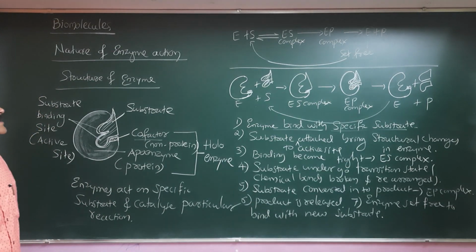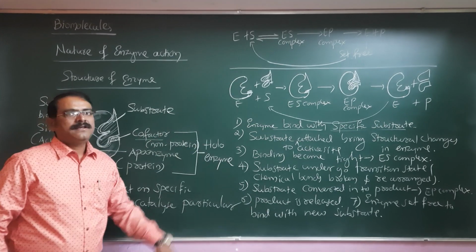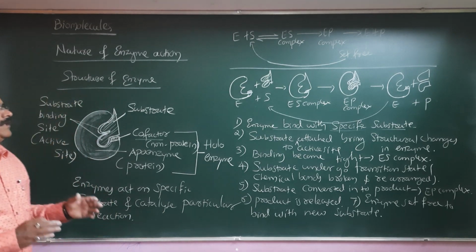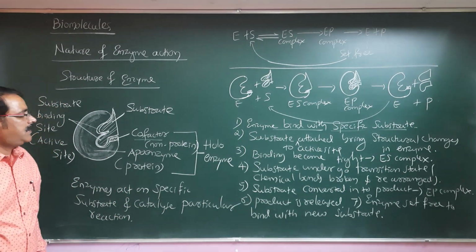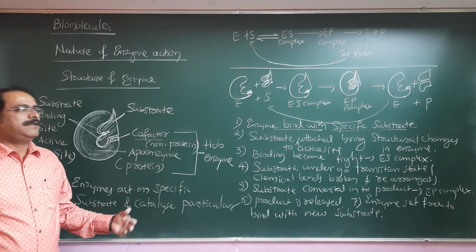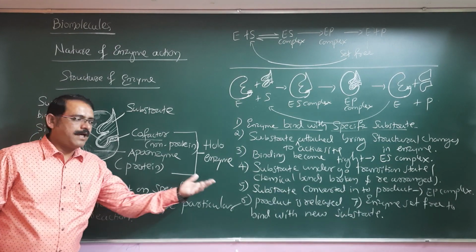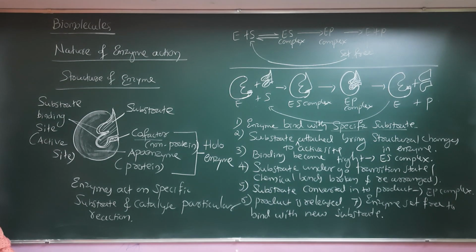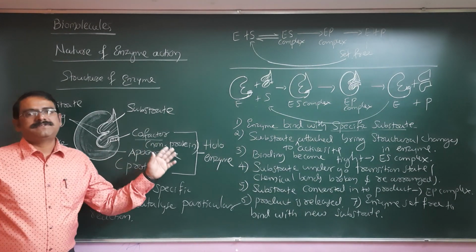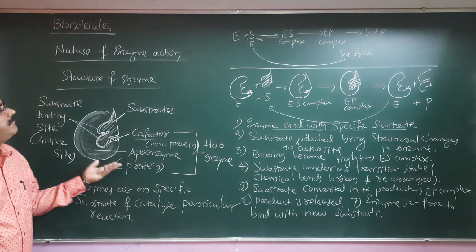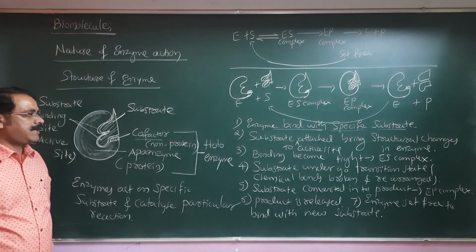So this free enzyme is once again ready to bind with the new substrate. So every enzyme has its own specific substrate. All the enzymes cannot react on each and every substrate. So they have specific substrate to act upon. This is what we say the enzyme substrate activity or nature of enzyme action.